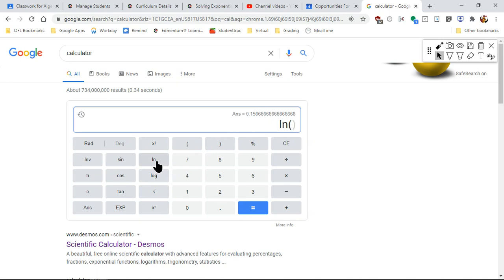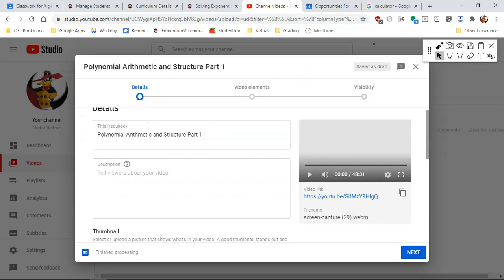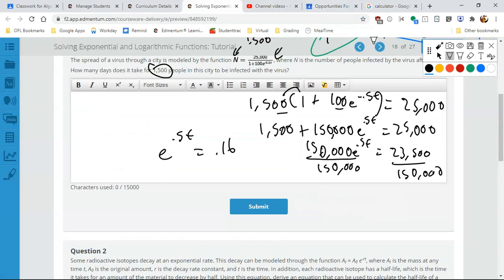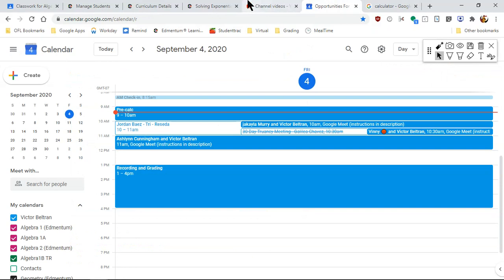So what you can do is you can always do ln of whatever your answer was, and they'll just plug this number into here. So I'm getting a negative number here. So I get 0.5t equals, I don't see why it's negative. That's weird.